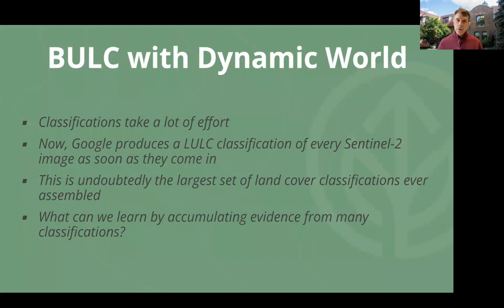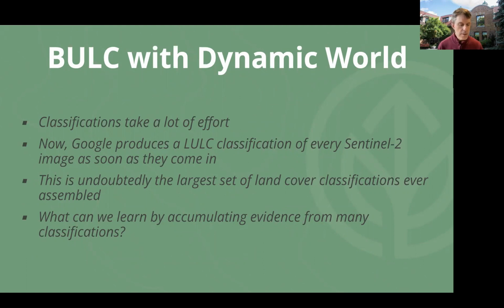We then also have the ability to use Dynamic World, which produces one classification of every Sentinel-2 image as soon as they come in. If you think about it, this must be the largest set of land cover classifications that has ever been assembled.